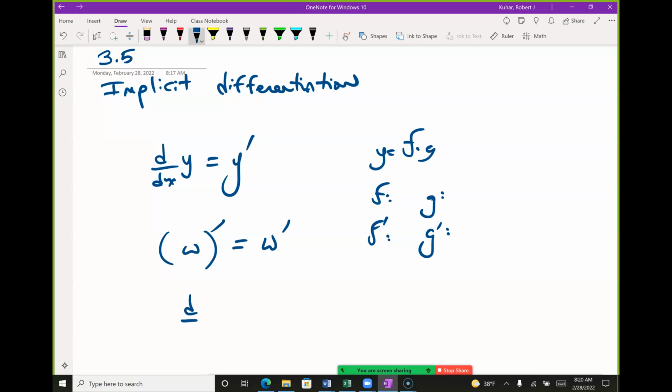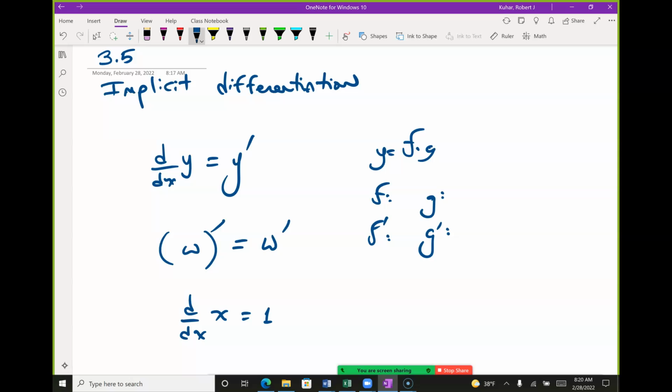So, but what if I said d dx of x? 1. So when we're taking our derivative of a function of x, we're using all our shortcut rules, right? But when we're taking a derivative of a function that's unknown, we're just keeping things in general. So that's got to be the derivative, or y prime, or dy dx.